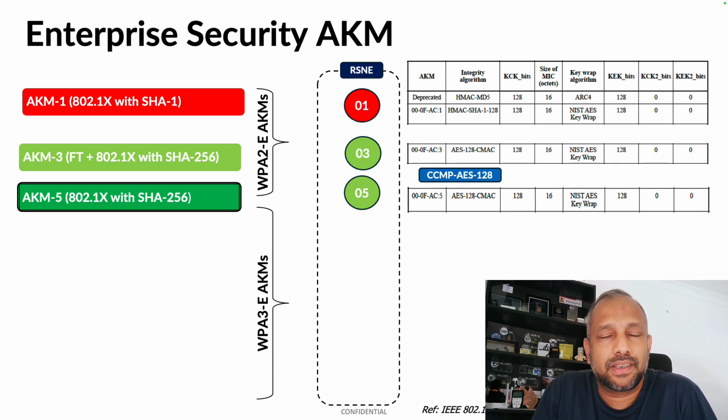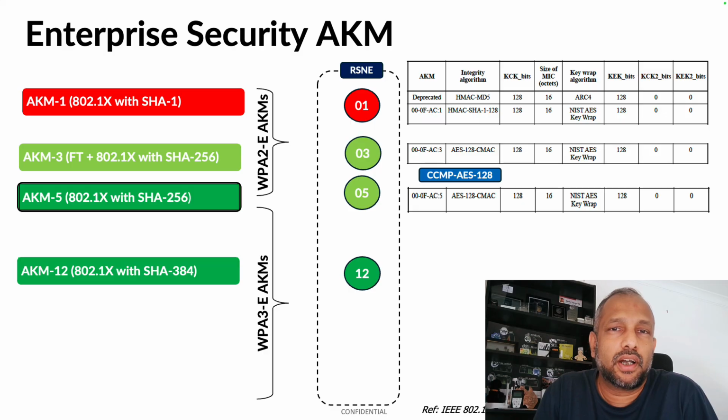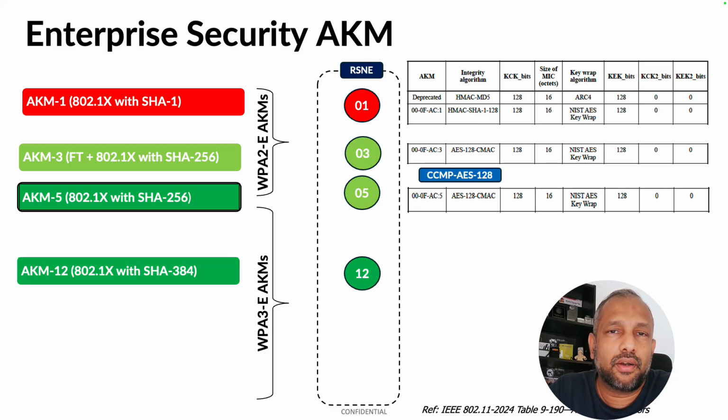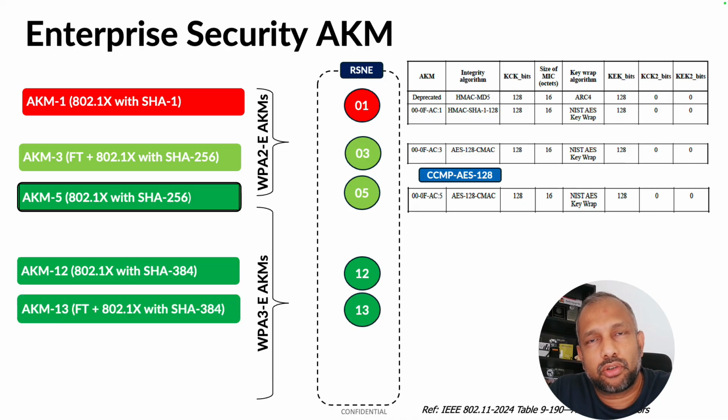We said that in WPA3, they introduced another mode called 192-bit mode, for highly sensitive environments. For that, they introduced a different AKM value, AKM value number 12, which is basically 192-bit security across the board: authentication, encryption, and integrity.